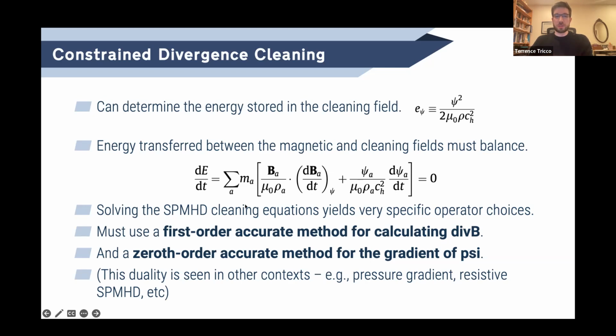When you do this and you solve for the SPMHD cleaning equations, you are imposed very specific operator choices. You must use a first order accurate method for calculating div B, and this imposes a 0th order accurate method for calculating the gradient of psi, which is not intuitive. Intuitively, you'd want to use a high order method for calculating these derivatives, but to conserve energy, you have to use a lower order method specifically for the gradient of psi.